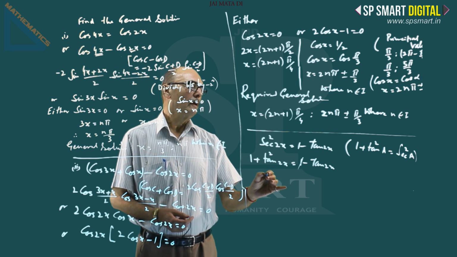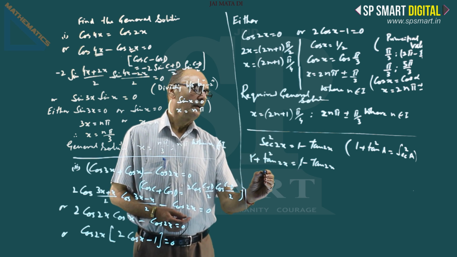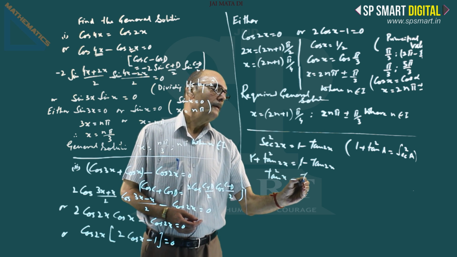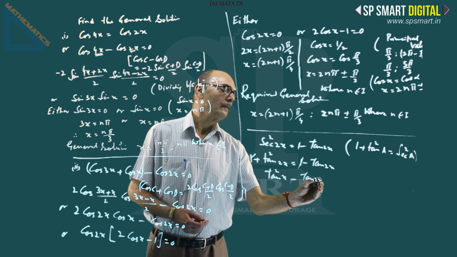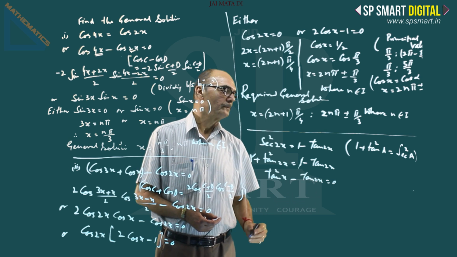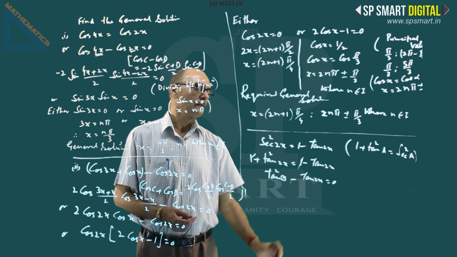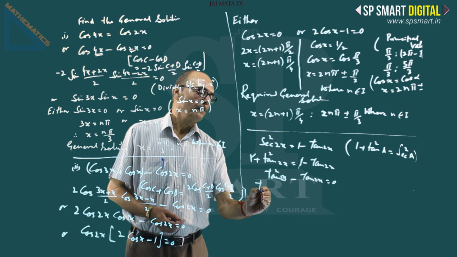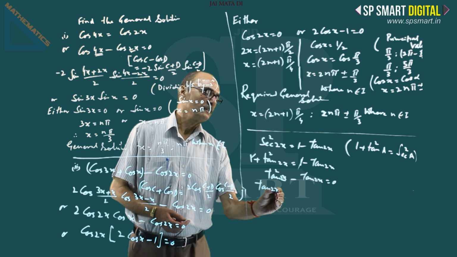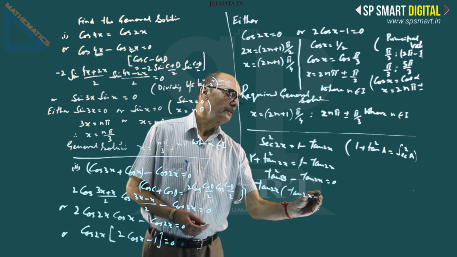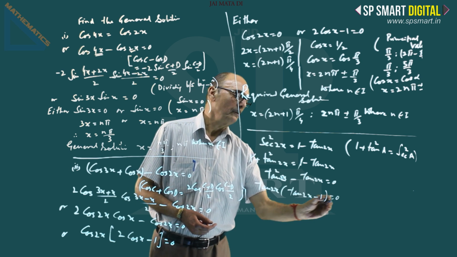One gets cancelled with this. So, we have tan square 2x minus tan 2x equal to 0. Take out tan of 2x common, so tan 2x times (tan 2x minus 1) equal to 0.